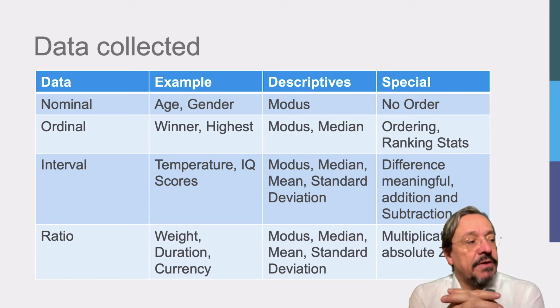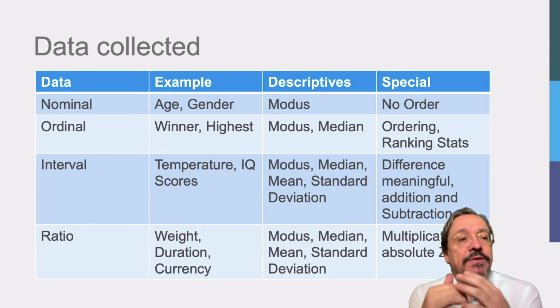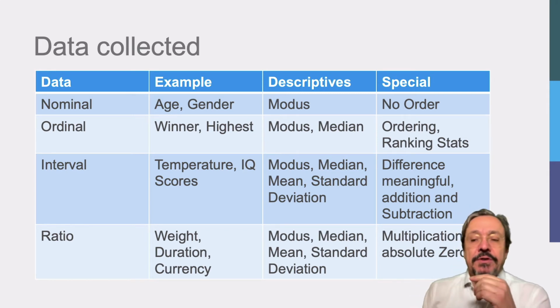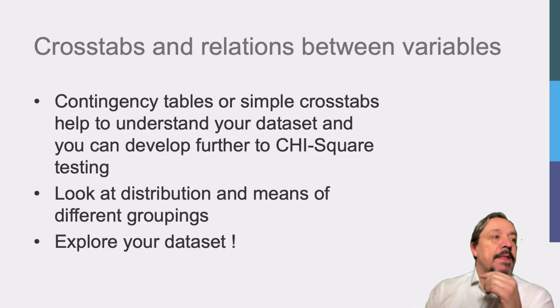And the highest level then is the ratio, and the special point here is that you have an absolute zero. That means you also can do multiplication as a transformation operation. So, based on that, look at the descriptive statistics you can use. You should be very clear what kind of descriptive statistics you use.